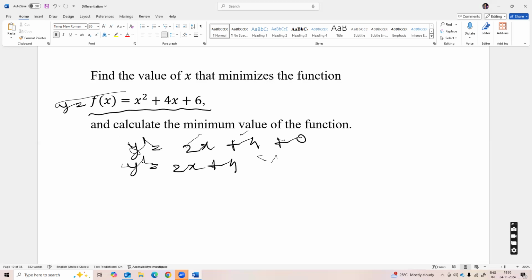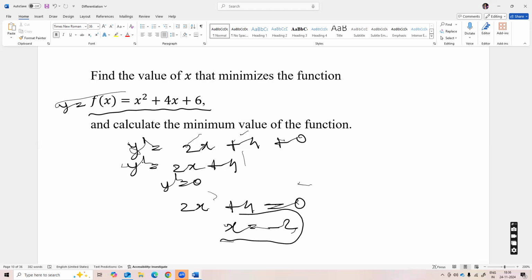To find the value of x where the maxima or minima is there, we equate y dash to 0. So 2x plus 4 is equal to 0, therefore x is equal to minus 2.